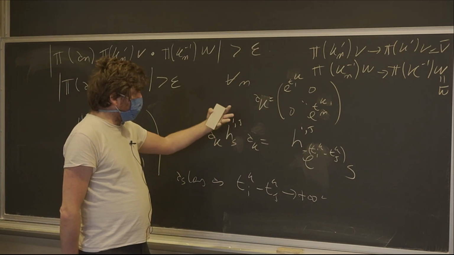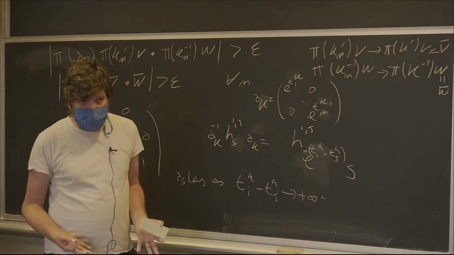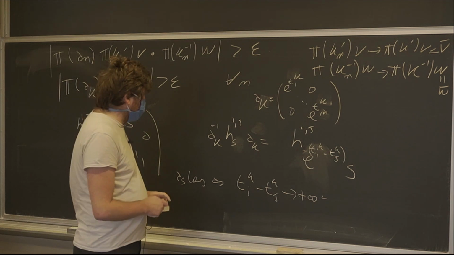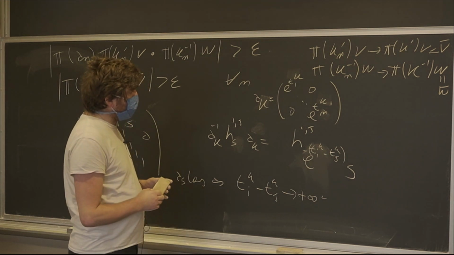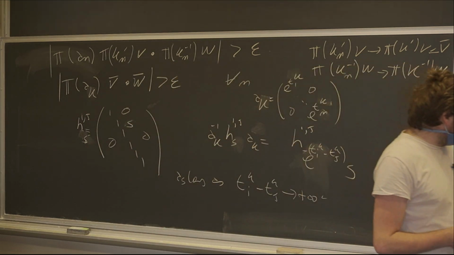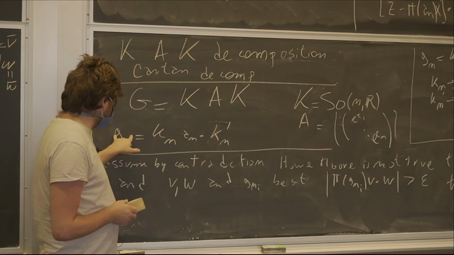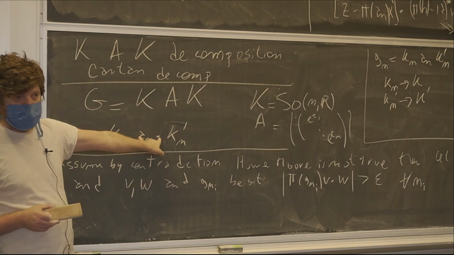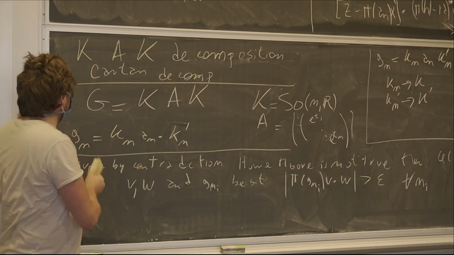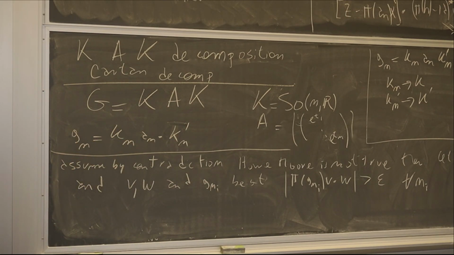Now the sequence a_k is given to us. We cannot change it much, so that's one important observation. A second important observation is, since these guys are compact and actually convergent, the fact that this guy goes to infinity implies that this guy goes to infinity. This can be easily seen with the norm, but also from escaping every compact set.